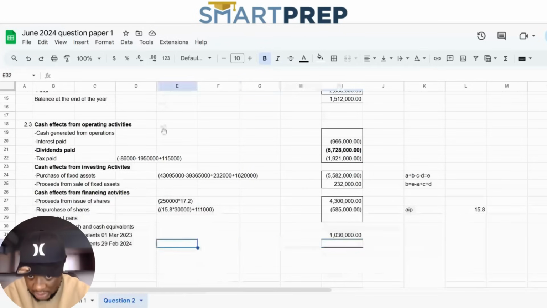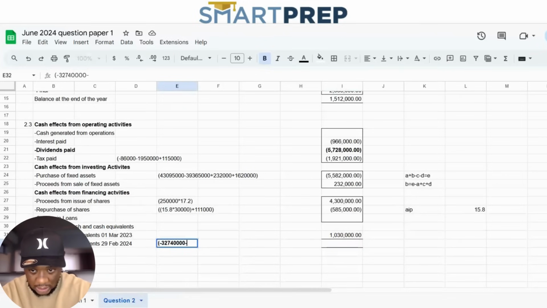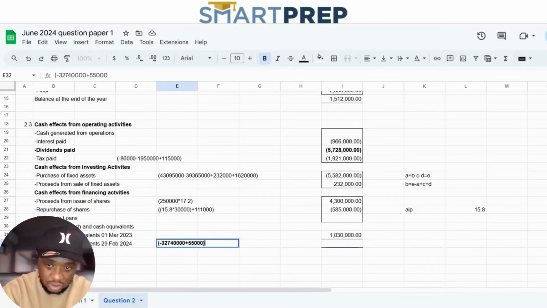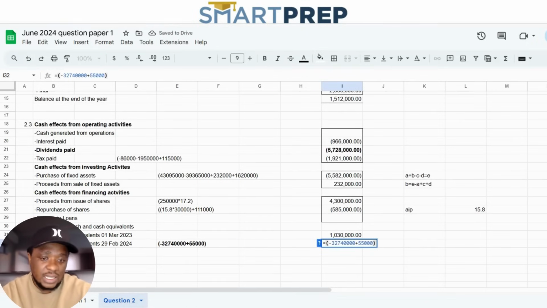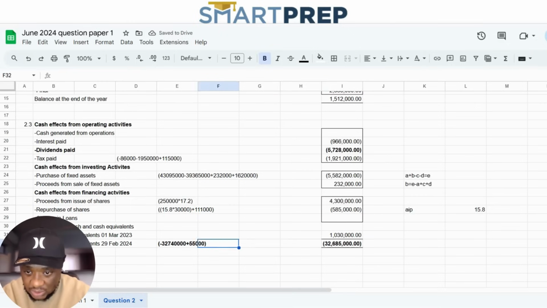So to work this out, we would say minus 3,274,000, and then to that we add a balance of 55,000, and so that is our cash and cash equivalents at the end of the year. I think I overdid the zeros there.